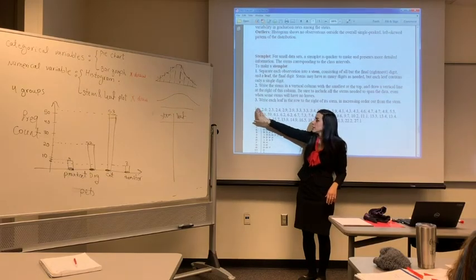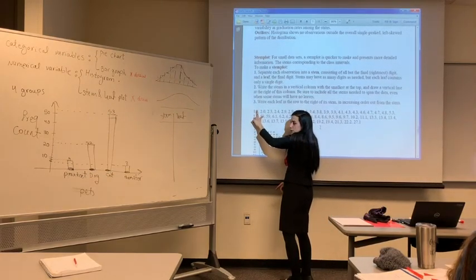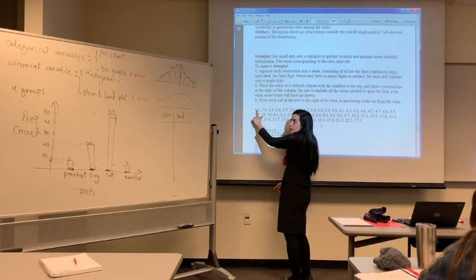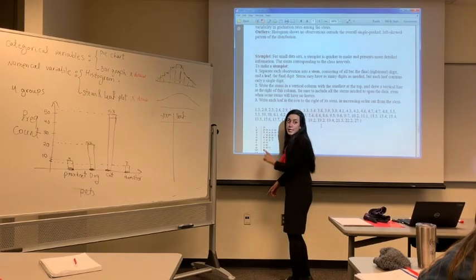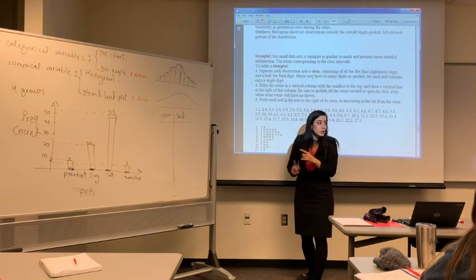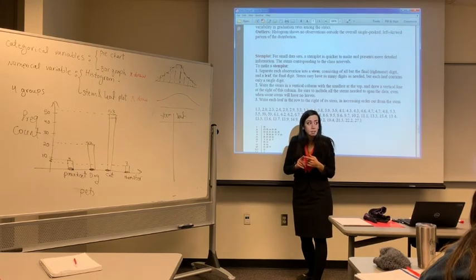Cover the last digit on the right side. Whatever remains for you is stem. Correct. So the first stem you have is 1. So again, cover the last digit on the right side. Whatever remains on the left side is stem.